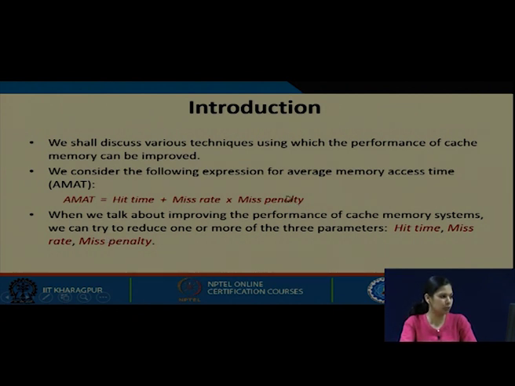When we talk about improving the performance of this cache memory system, ultimately we need to reduce the average memory access time. So, we can reduce the hit time, the miss rate, or the miss penalty. We need to see how we can reduce all these parameters.